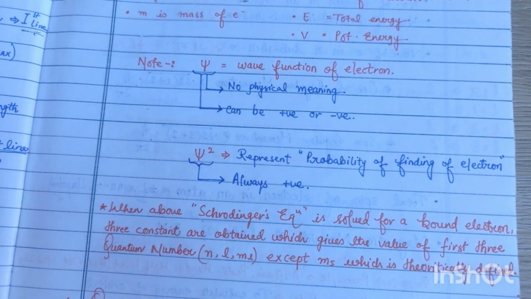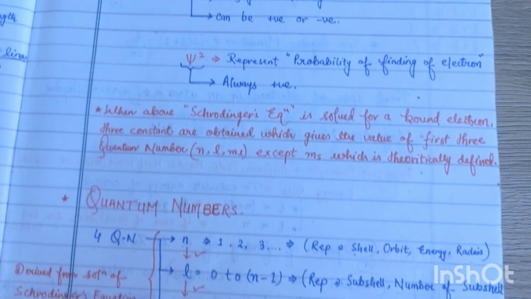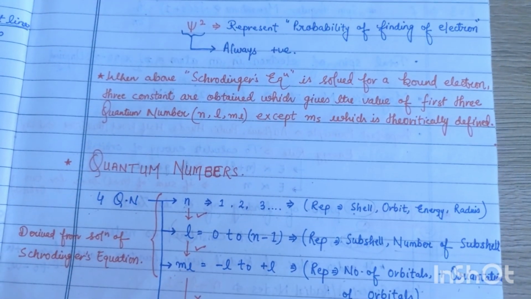My dear student, this is a very important concept. We have a total of 4 quantum numbers, but only the first 3 are determined with the help of the Schrodinger wave equation, and the last quantum number is theoretically defined. Let's learn.